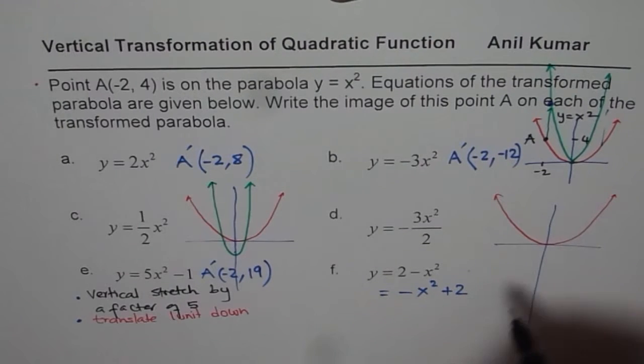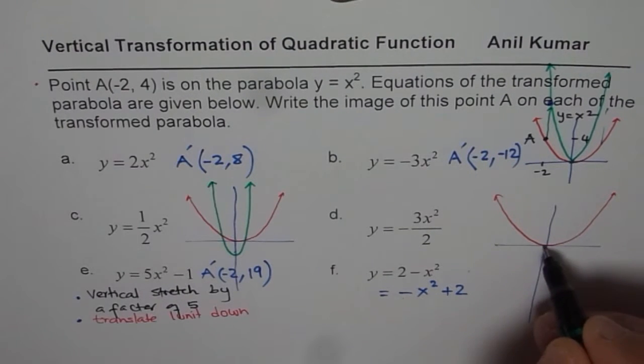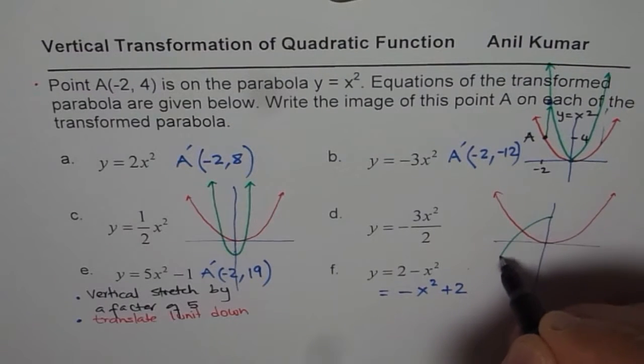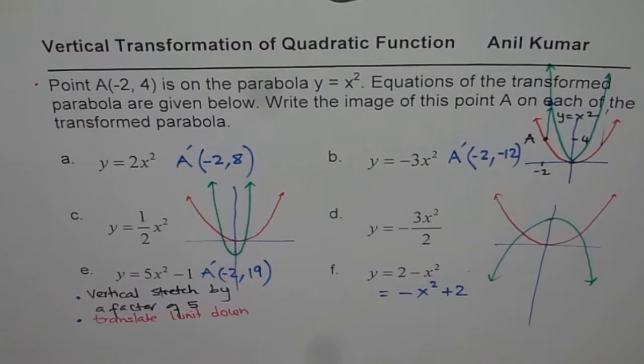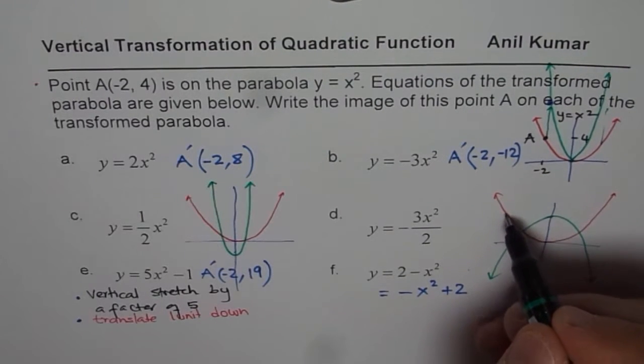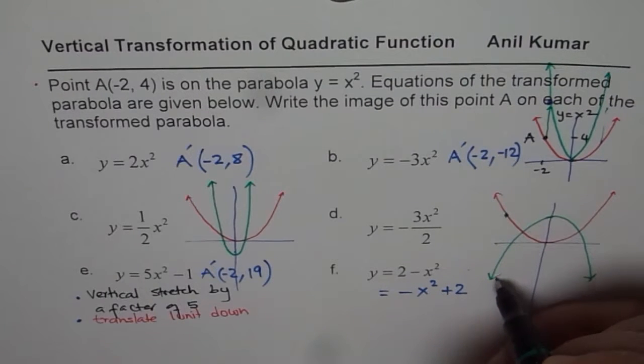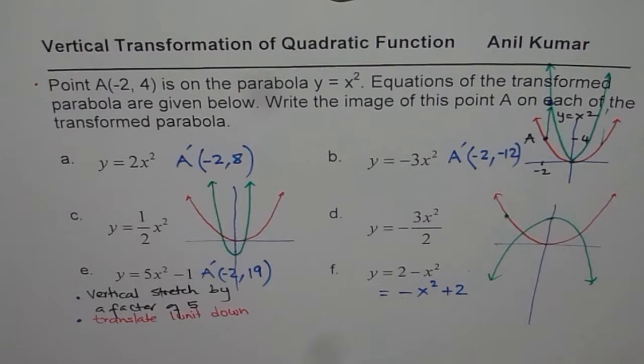However, minus means it gets reflected, and then plus 2 means after reflection it moves 2 units up. Do you see that? So first, when we have a point here, that point is reflected, it will come down and then it will move up by 2 units, right?